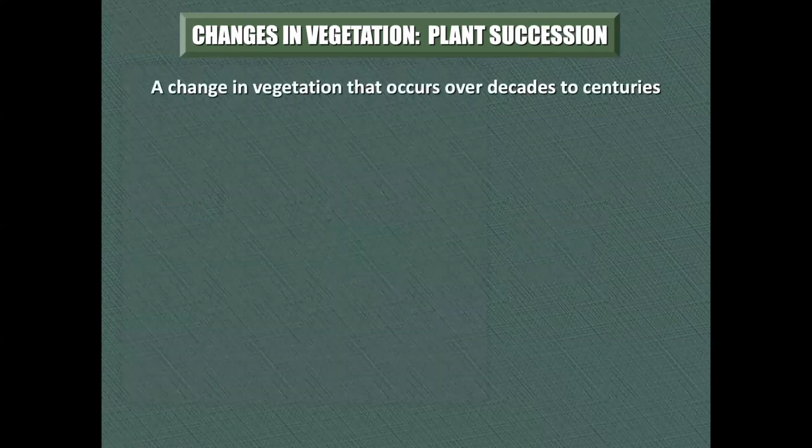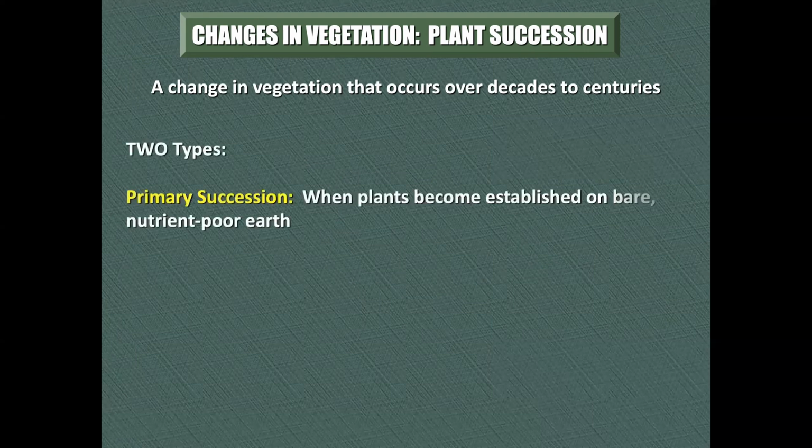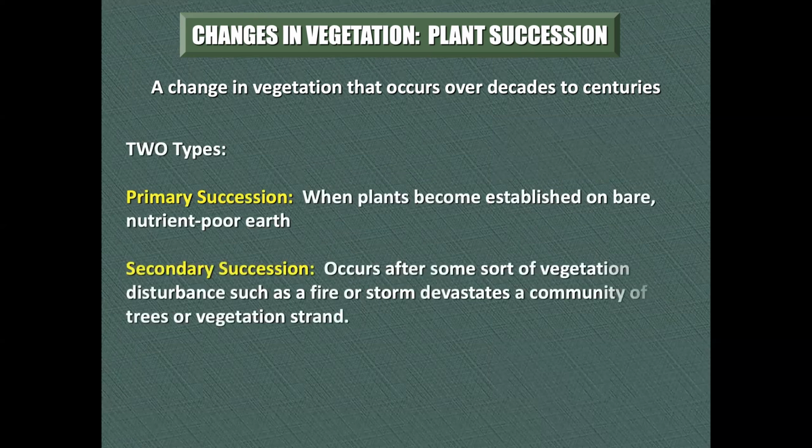Plant succession, so a change in vegetation that occurs over decades to centuries, although it can be facilitated by something like a fire. So there are two types, primary and secondary. Okay, and secondary is when there's a disturbance that takes place, like a hurricane or a forest fire.